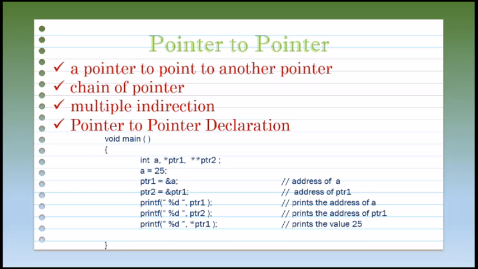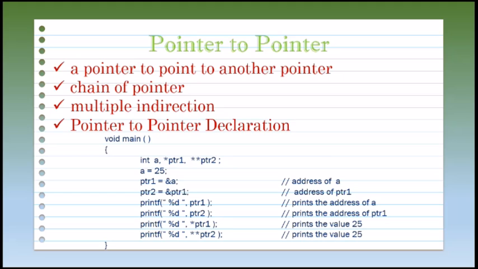Now we will try to print using the second pointer variable. Because that pointer variable is used to hold the address of another pointer variable, there are two stars, then ptr2. Here what will happen: ptr2 is holding the address of ptr1, and ptr1 is holding another address, the address of a.